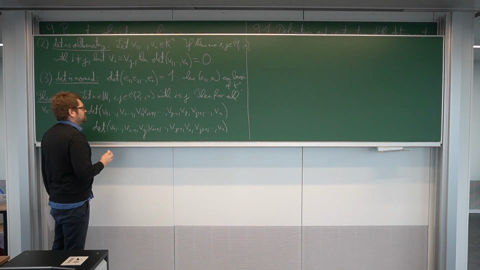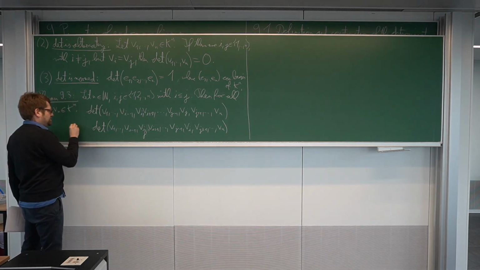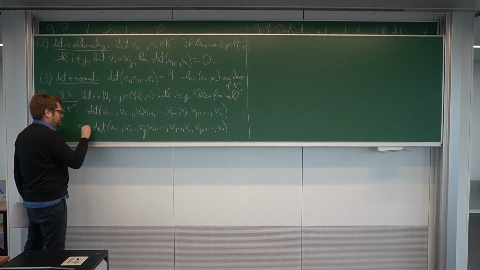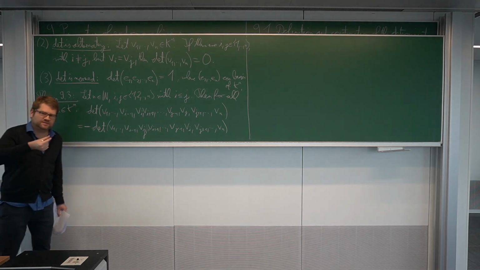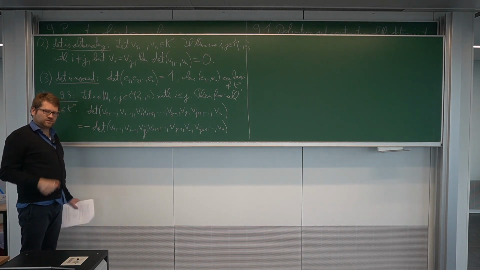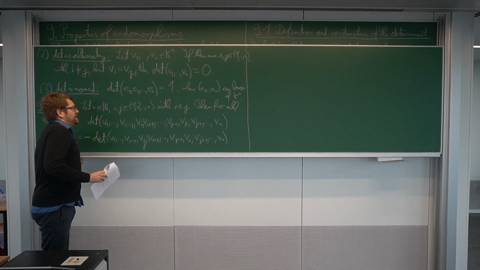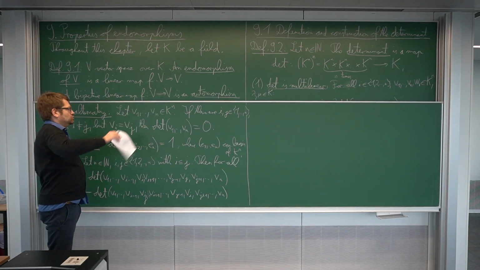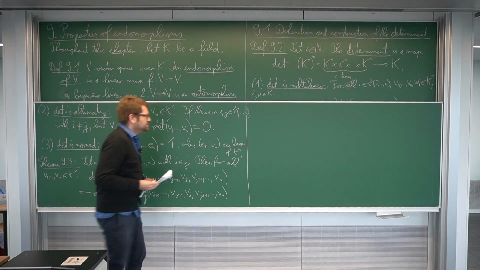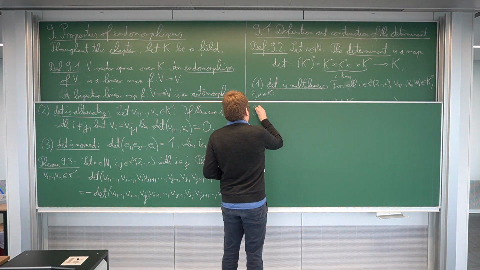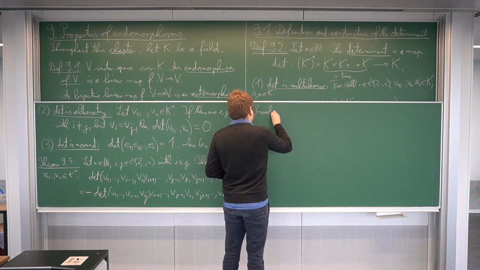I claim that we can already derive from these properties that this here is minus this here. So if we swap two elements, we just get a sign change, but otherwise nothing happens. This already follows from the previous properties. Actually, we only need properties 1 and 2. The norm property is not important for this. And let me show you.